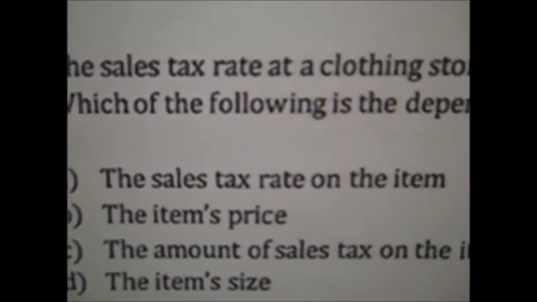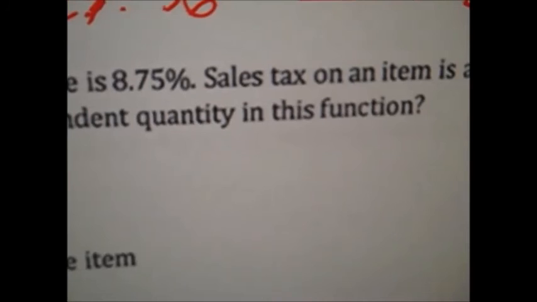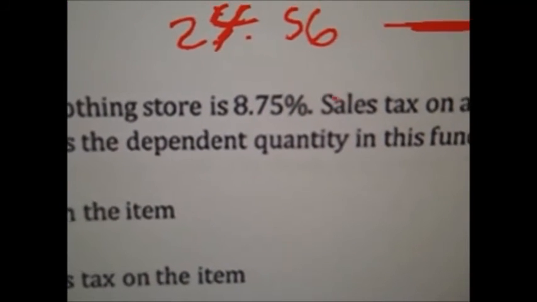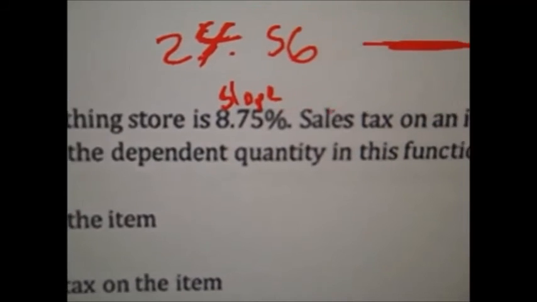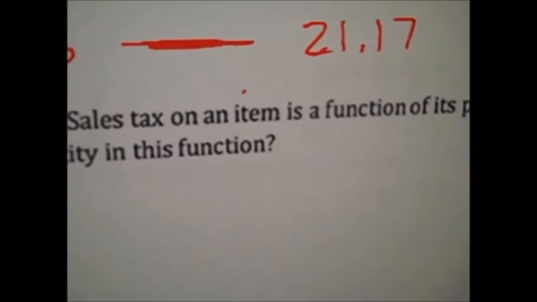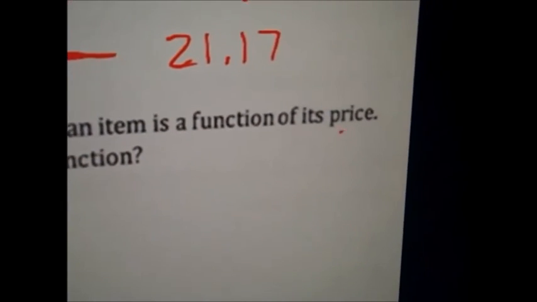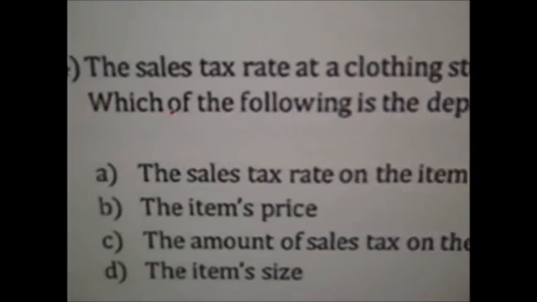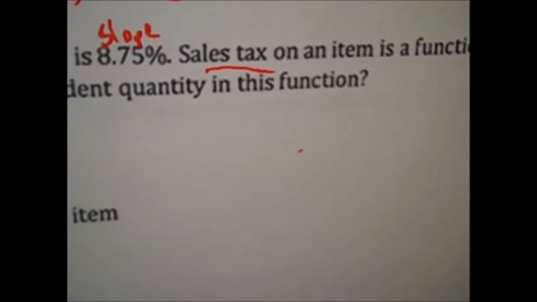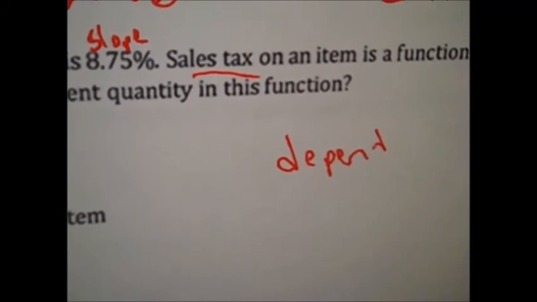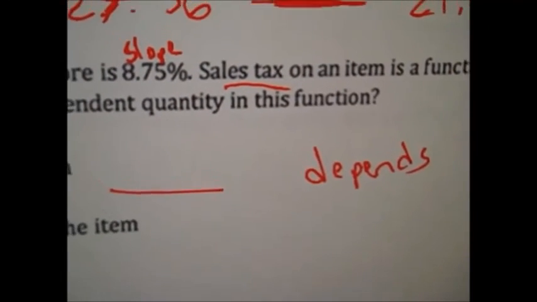54. This is the rate, in other words, slope. Sales tax and price are your variables. To determine the dependent, create a statement. Something depends on something. Fill in these blanks right here. What depends on what?